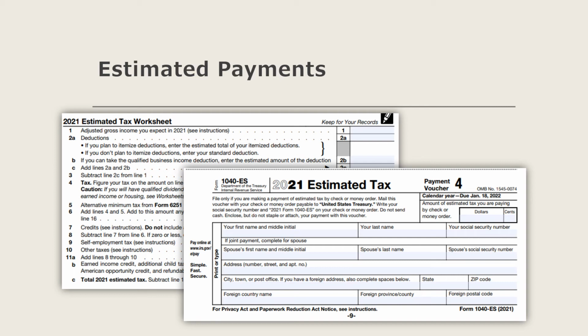So in this 1040-ES form, there's an estimated tax worksheet that helps them estimate what they think their income will be over the course of the year. And then there's this voucher that they fill out and send in with the payment. And these payments, the due dates are quarterly. So this is another way that our taxpayers can make sure that their withholdings during the year are enough to cover their tax liability.